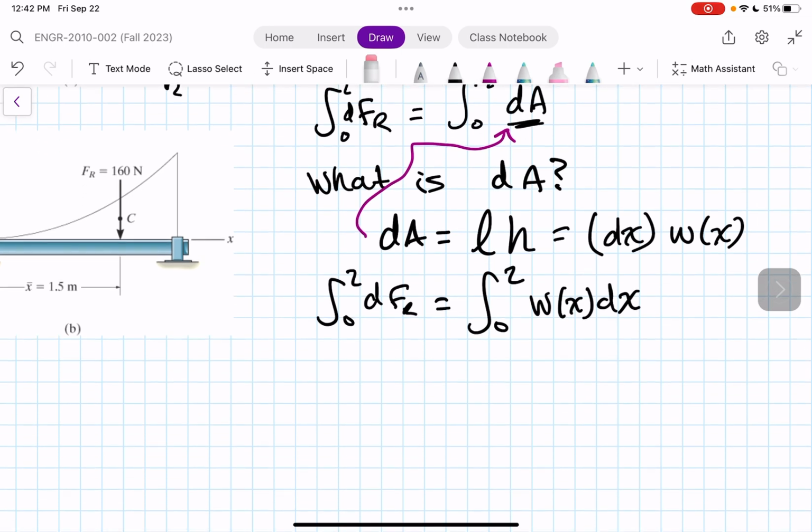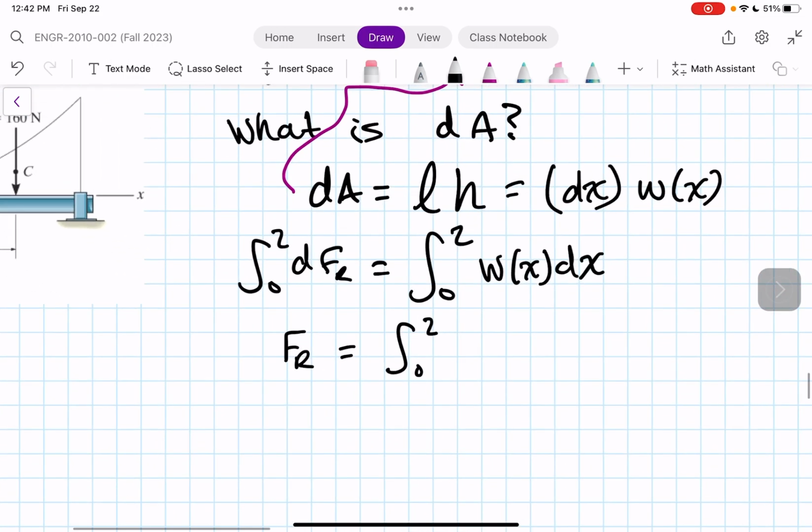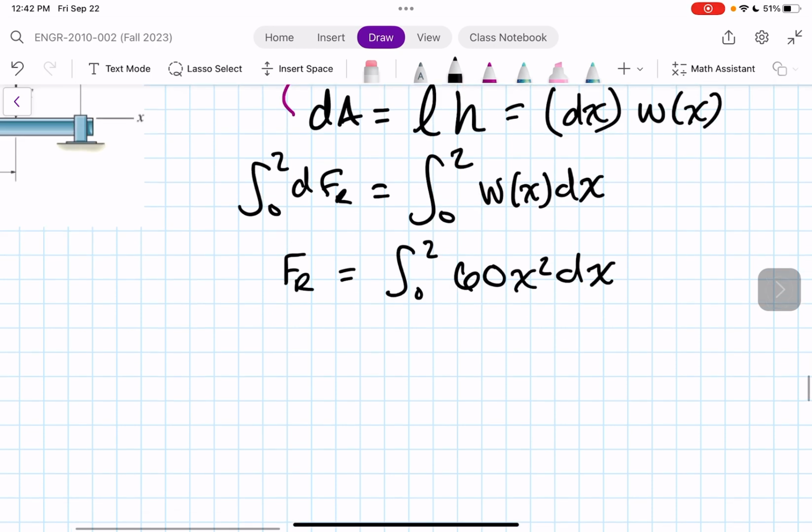So the resultant force is equal to the integral from 0 to 2 of 60x squared dx. When we integrate that, we get 60 divided by 3, x to the power 3, from 0 to 2.